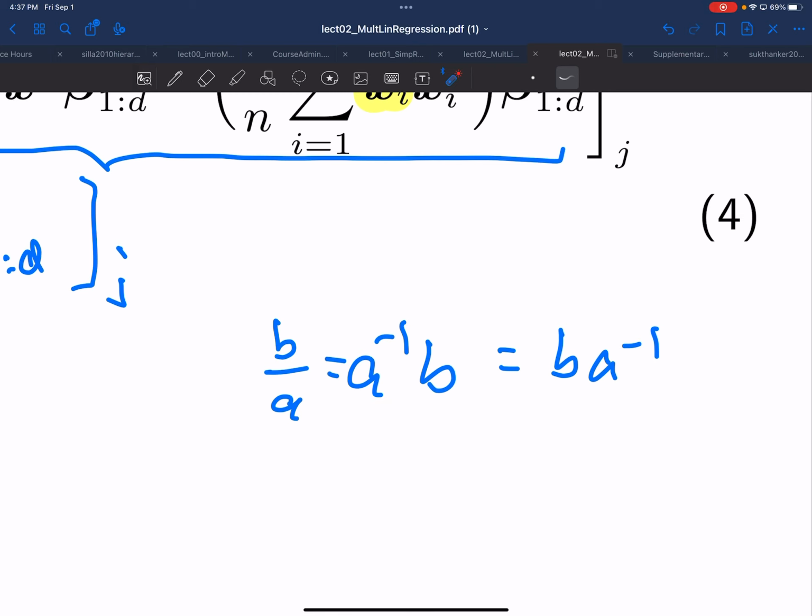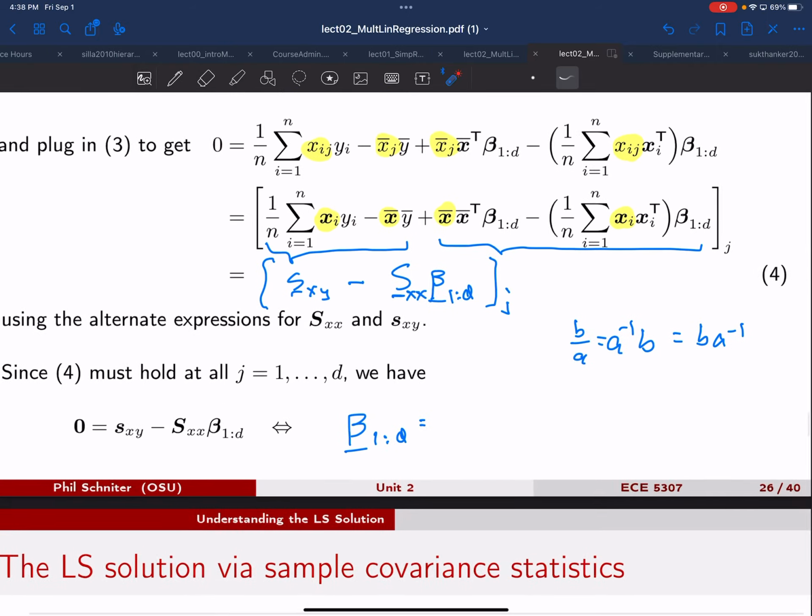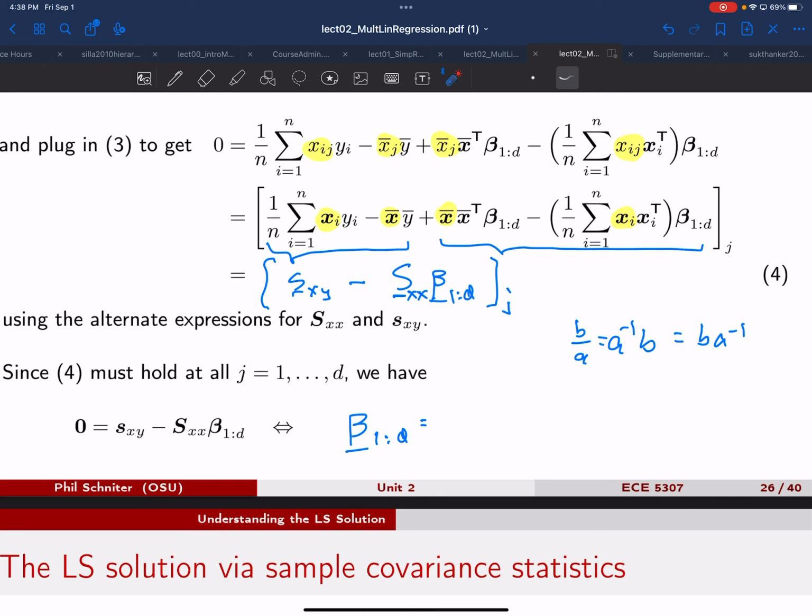When they're scalars. When they're matrices, we cannot do this because the order of matrix multiplication matters. Matrix multiplication does not commute, meaning you can't swap the order of matrix multiplication. So that's why we have to be a bit more careful. We can't just divide by a matrix without knowing where it lives in the order.